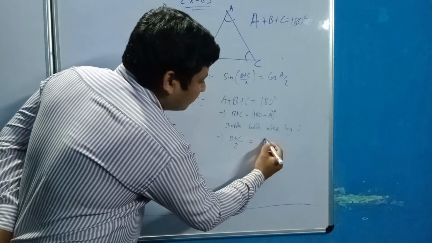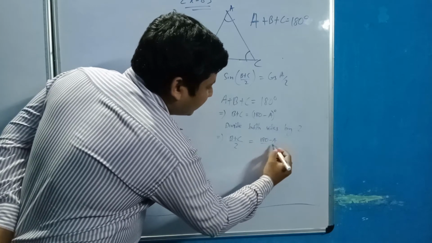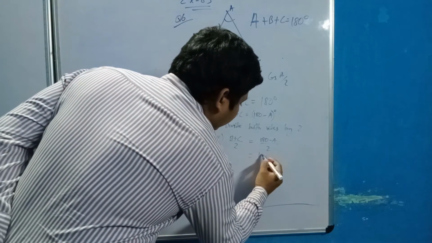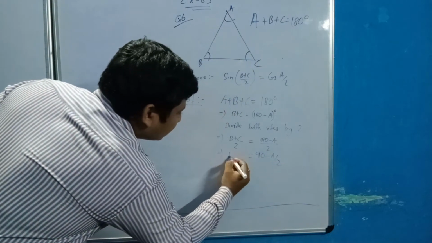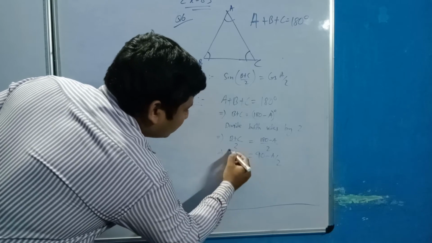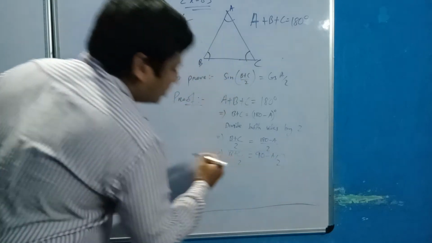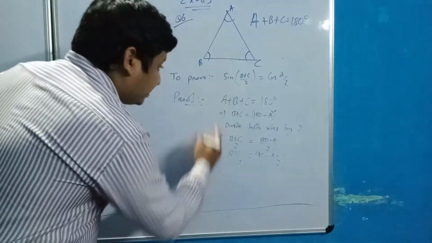Now it will be (180 minus A) by 2, which is 90 minus A by 2. So (B plus C) by 2 is this much. Now let us take the LHS.